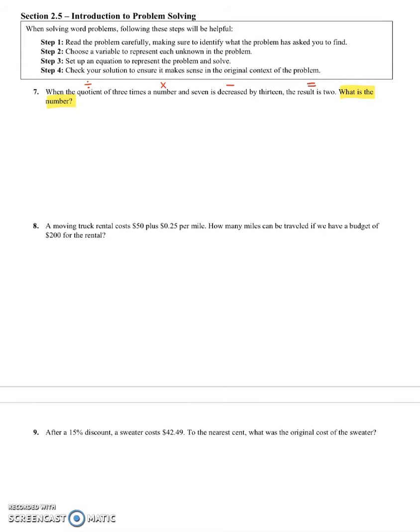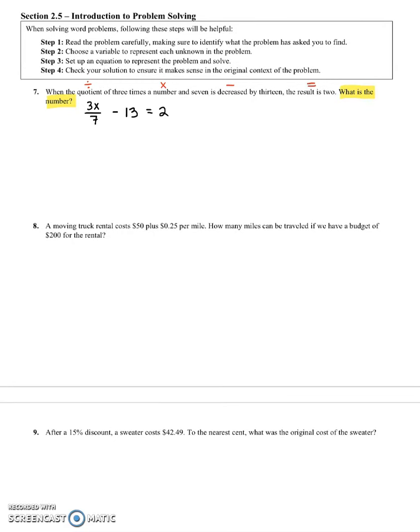So what does our equation look like? The quotient of 3 times a number and 7 looks like 3x divided by 7. And that's decreased by 13. And we want that to equal 2.